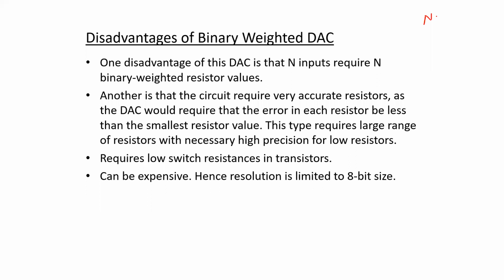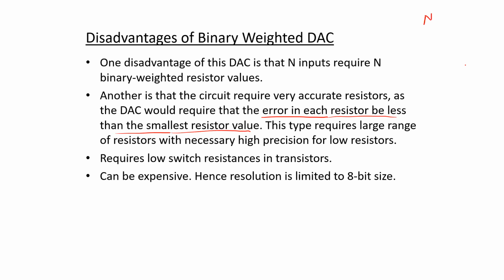So one thing that is mentioned over here is that each resistor is supposed to have some amount of error, but that has to be very minimal for designing this particular type of circuit. So the error in each resistor must be less than the smallest resistor value.